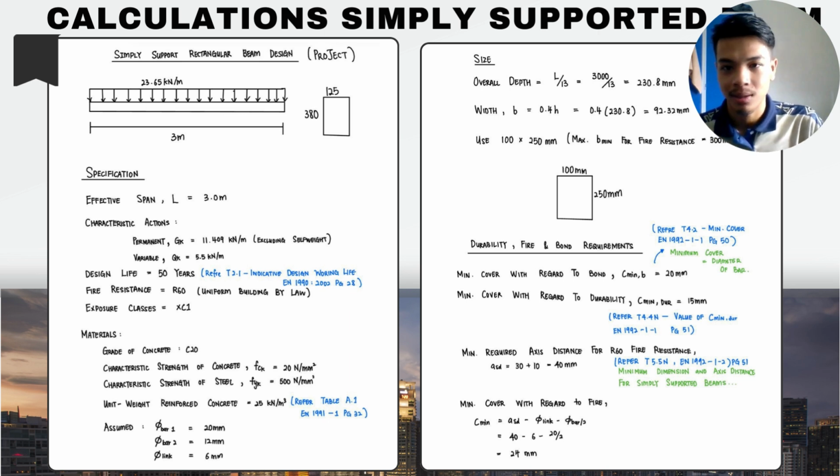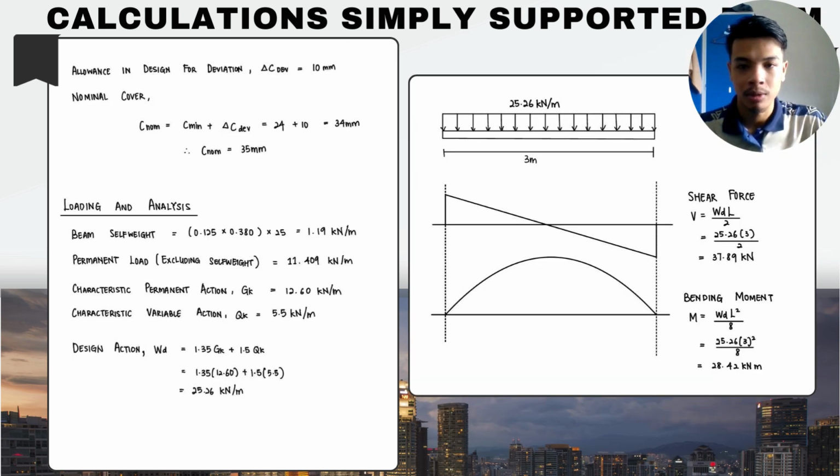This slide shows the specification of the simply supported beam. So our cnom is 35 millimeter, and the rest is our bending moment diagram and shear force diagram.